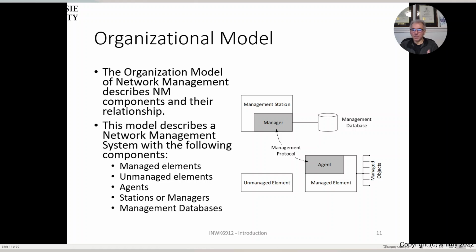SNMP can be used to monitor all of this information that we talked about, CPU, fan, port, all of that. And then you go to one of the stores here in Halifax and you buy a switch that doesn't support SNMP and you plug it in your network.